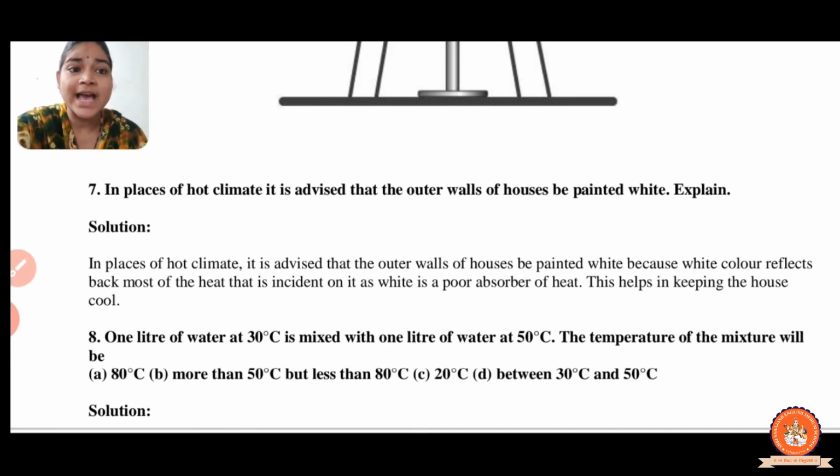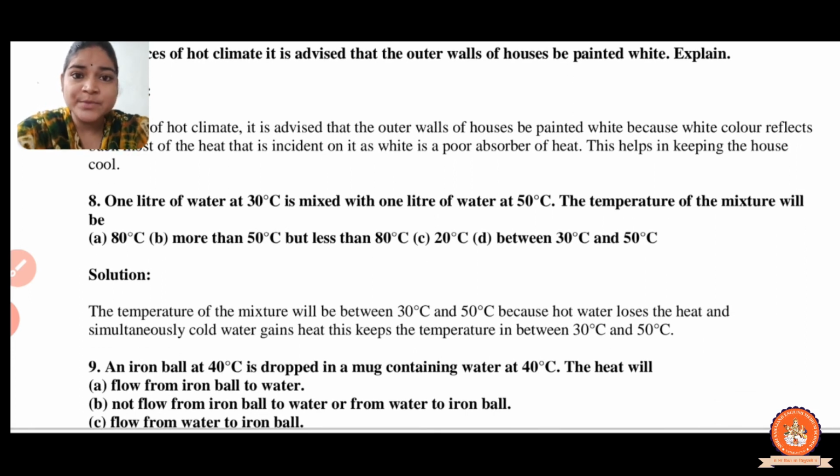These help in keeping the house cool. So that's why in hot climates, it is advisable that the outer walls of houses be painted white. Got it? Now the next question, that is an MCQ question, right?